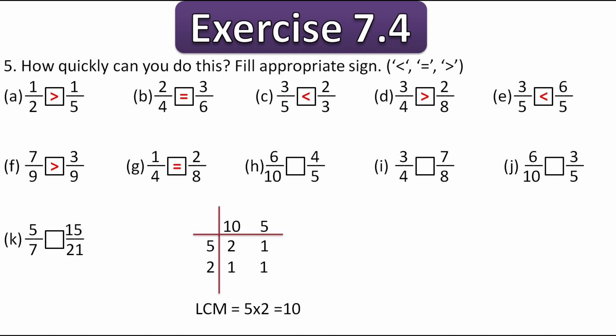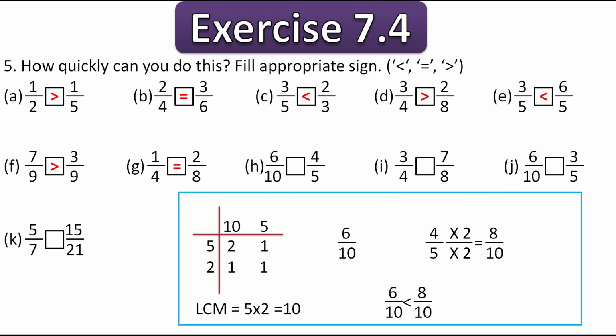So the first fraction will remain as it is because already at the place of denominator we have 10. So let's take the next fraction, that is 4 upon 5, and multiply with 2. Okay, so we are getting the answer as 8 upon 10. Okay, now when we compare these two fractions, we understand that 6 upon 10 is less than 8 upon 10. So 6 upon 10 is less than 4 upon 5.